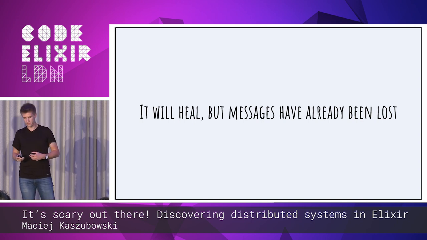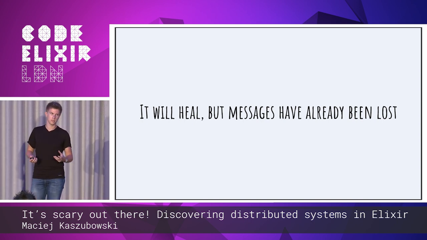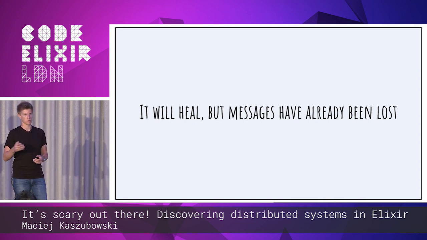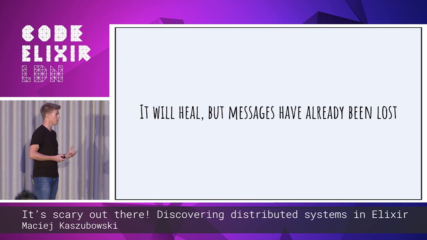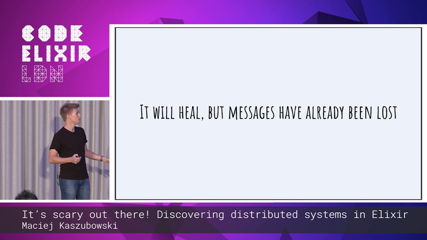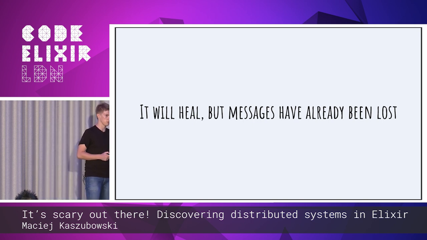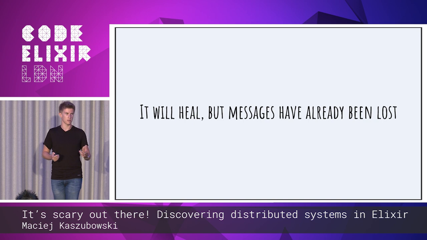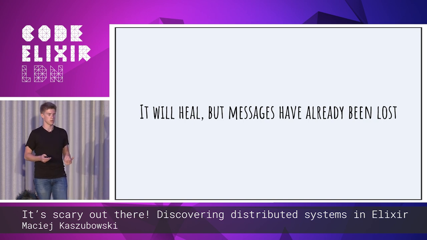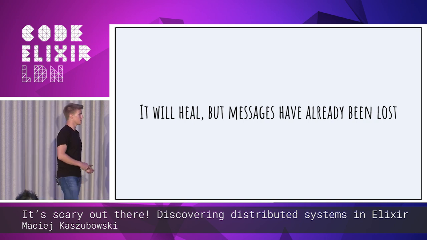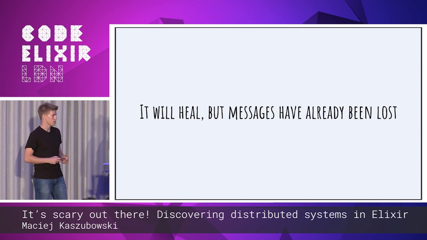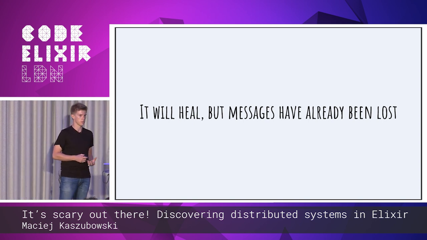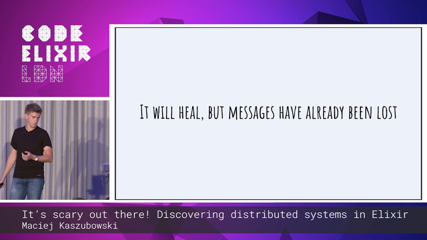For example, when you have a partition, you may see that the user is offline when it actually is online, but connected to a node on the other side of the partition. You may also, because of the delays, see that the user is online when he has disconnected already. And it should all be taken into account when you consider using some distribution from Erlang.